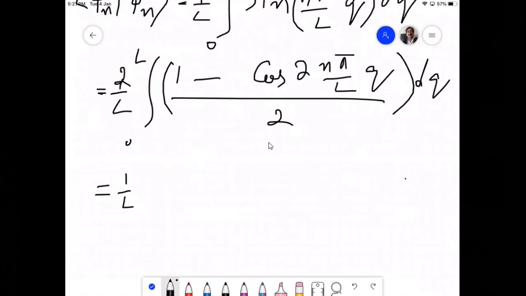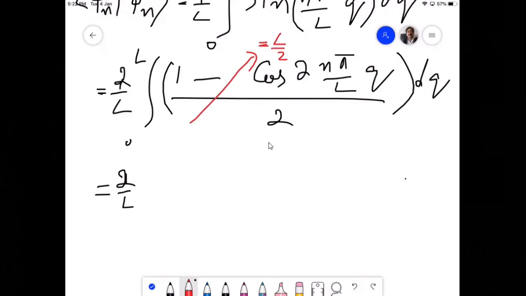I have already solved this. What was the result of this integration? I solved it in yesterday's lecture. This is equal to L by 2. Yes, L by 2, in the last lecture.